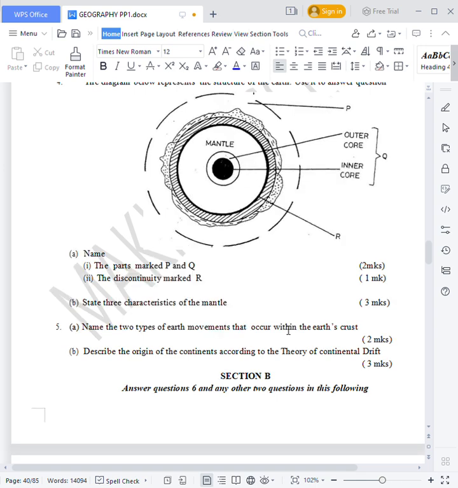Part B of the question is, describe the origin of the continents according to the theory of continental drift.